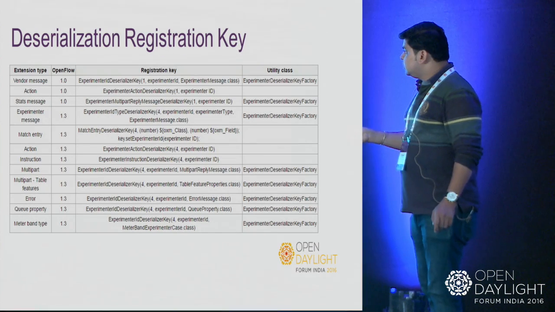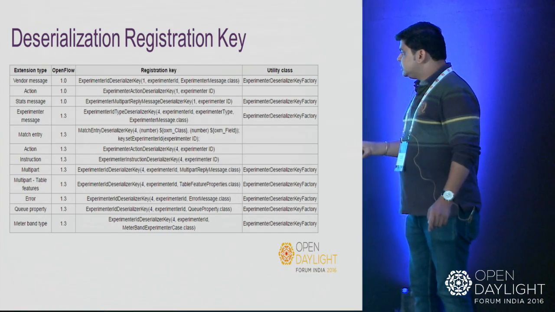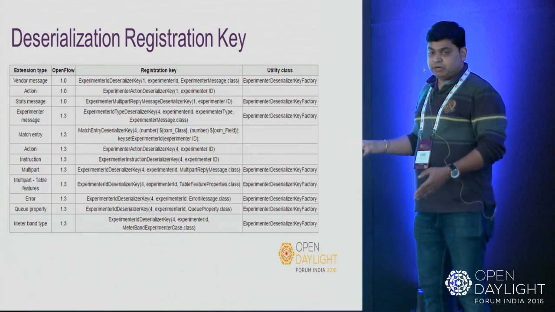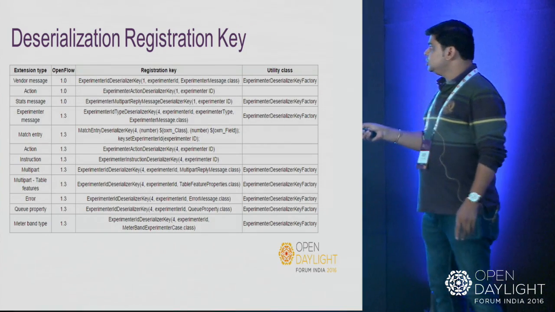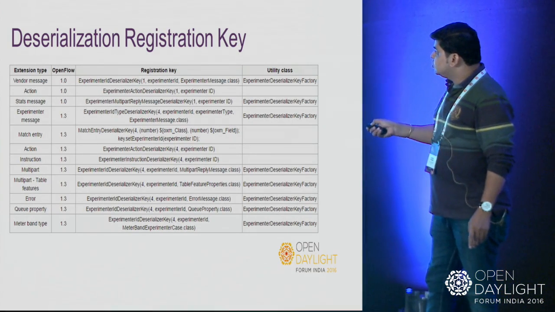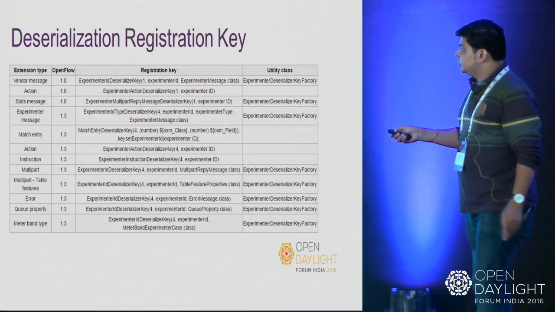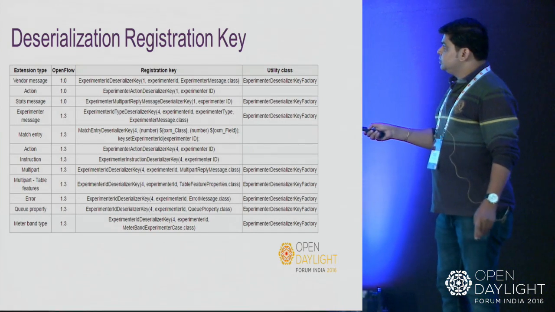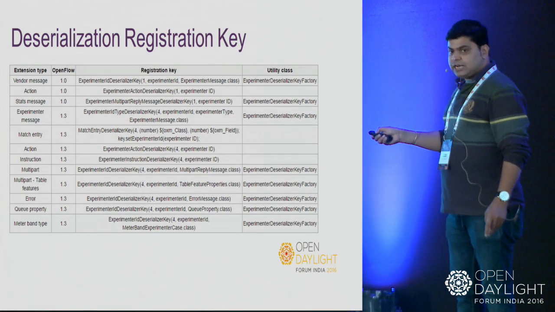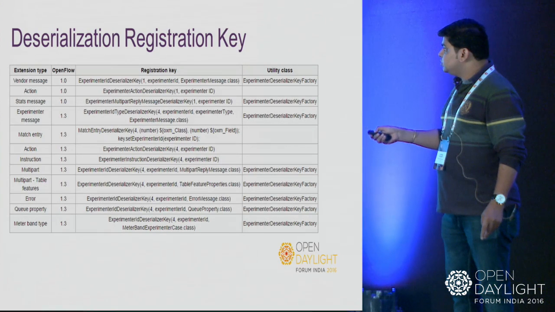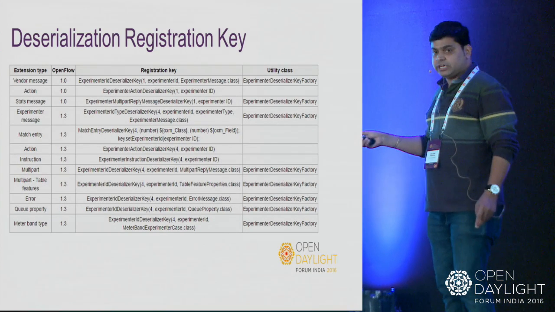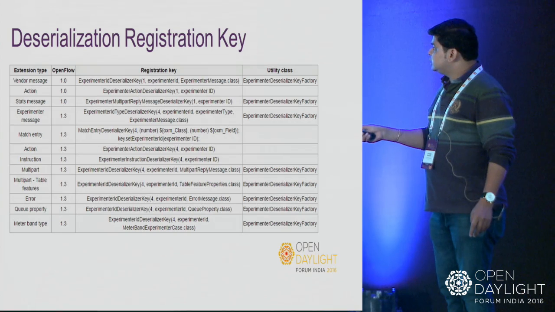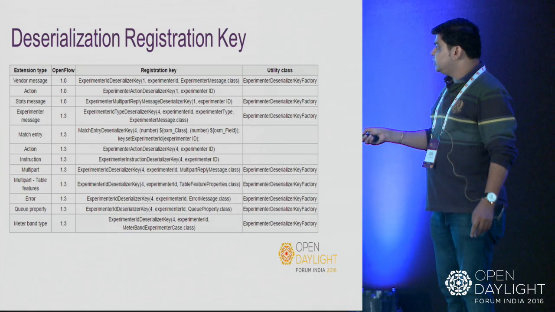So these are all the things supported. It says meter band, but the implementation is not complete. Then there is vendor message, which is for OpenFlow version 1.0. The name can be changed: the vendor message in 1.0 is nothing but an experimenter message in 1.3. Similarly, action is supported for both 1.0 and 1.3.